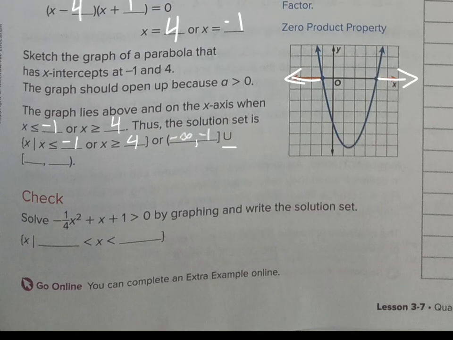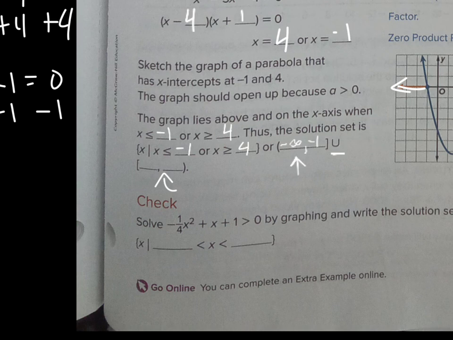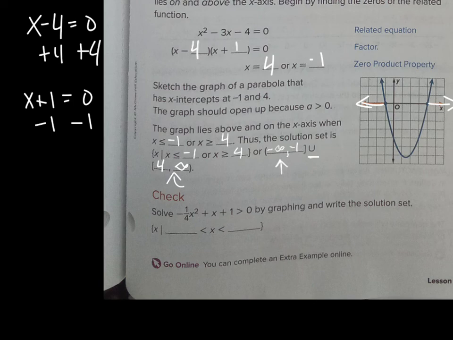This is called a union. I don't know how much we've talked about that, but that union says solutions could be here and they also could be over here. Okay, and so then now we're saying include 4, that's what the square bracket means, and go all the way to positive infinity.